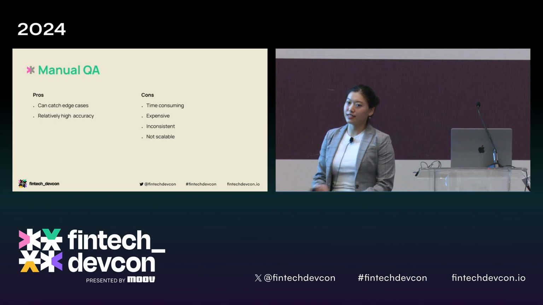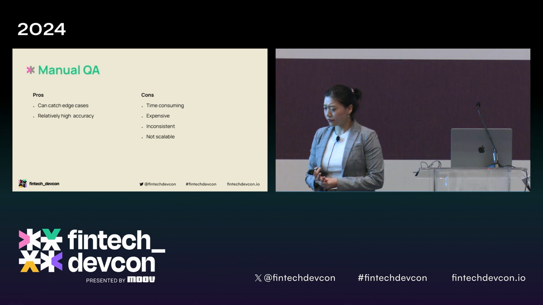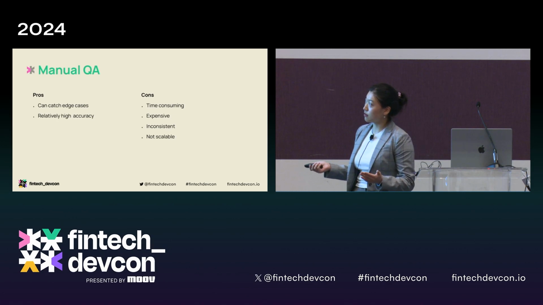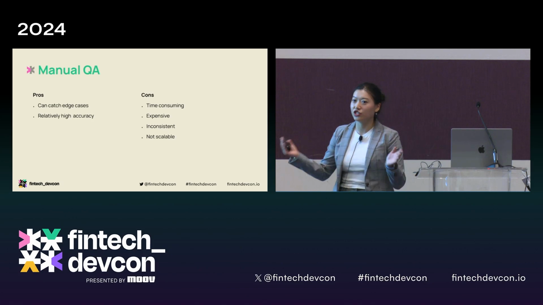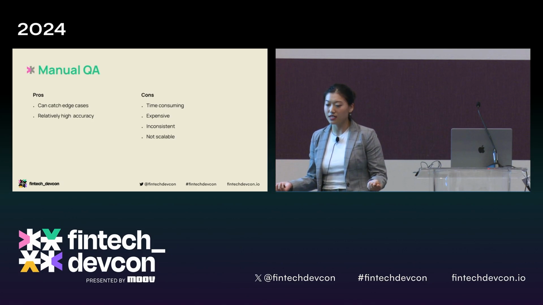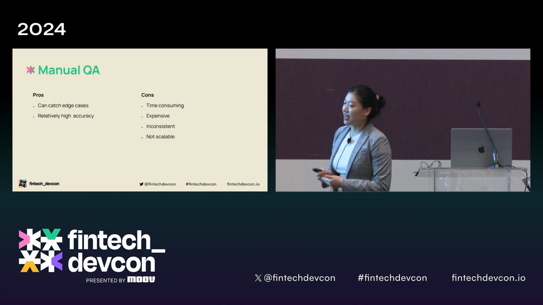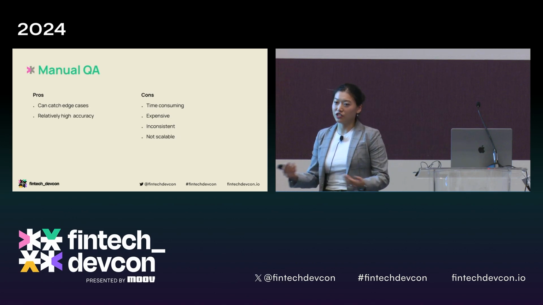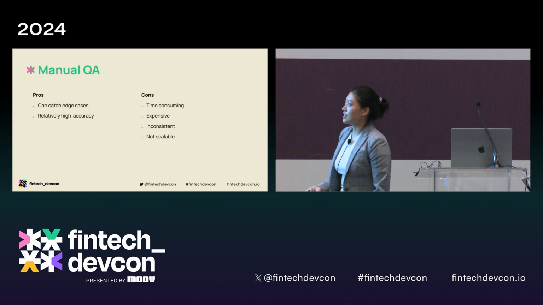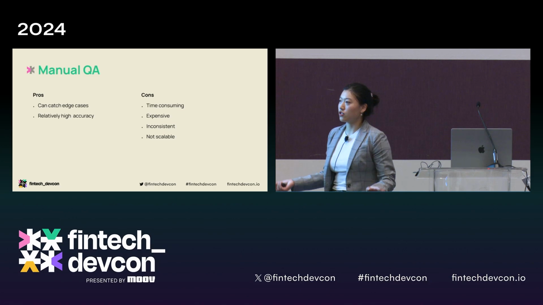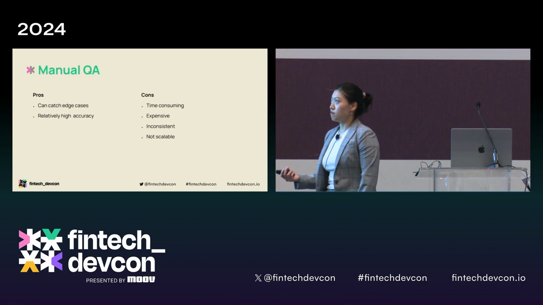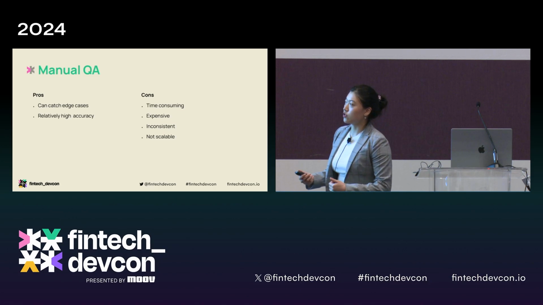Moreover, it's not scalable. As you can see, we have a sheer number of businesses in the US, and they change their names or change their entities very often. So it is not scalable to rely on manual QA to finish this QA process.